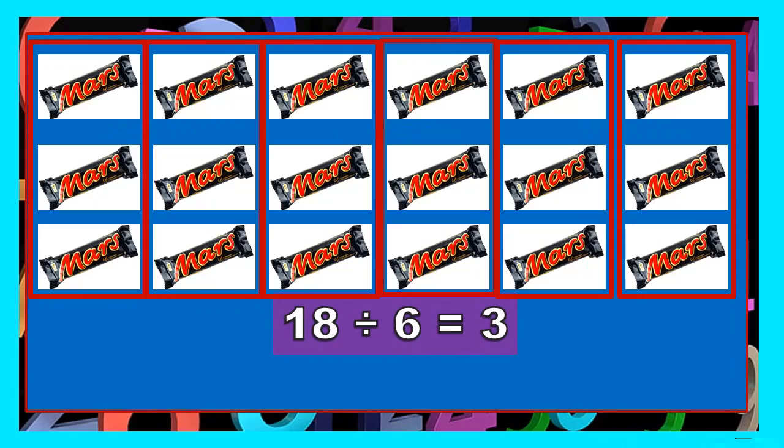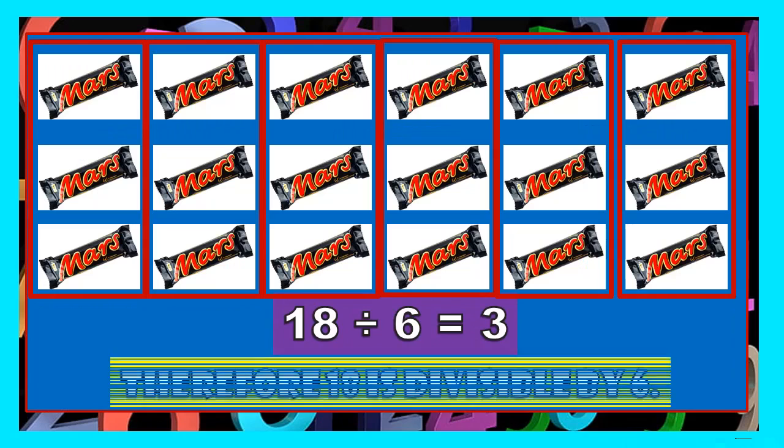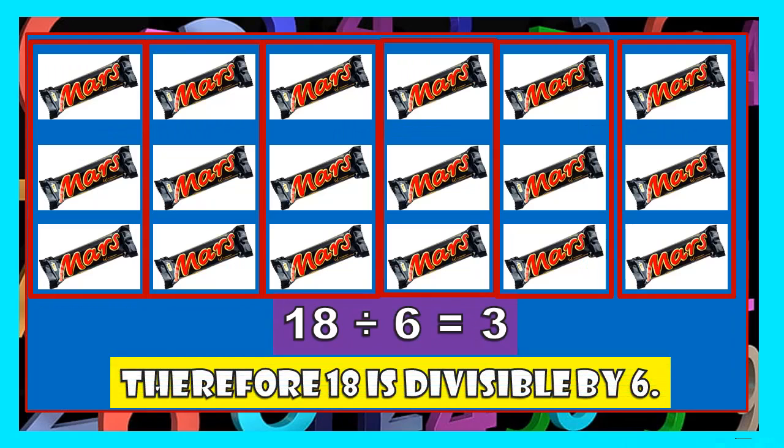So are there remainders? No. So that means 18 can be divided by 6 equally. So therefore 18 is divisible by 6.